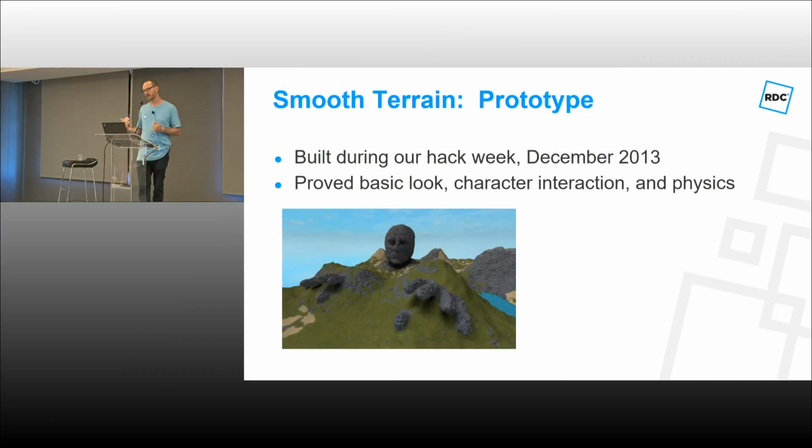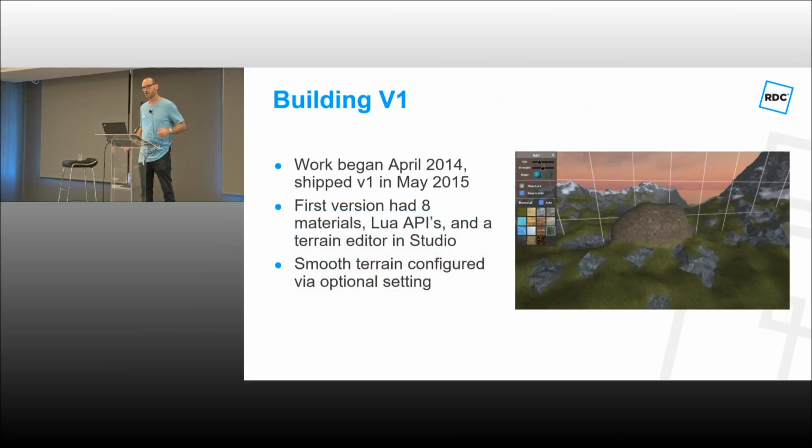As part of the prototype, it proved the viability of this approach in terms of the look, how characters would interact with it, and how physics would work. So how did we go about shipping this? In 2014, in April, we started the work, and it took about a year to ship our first version.